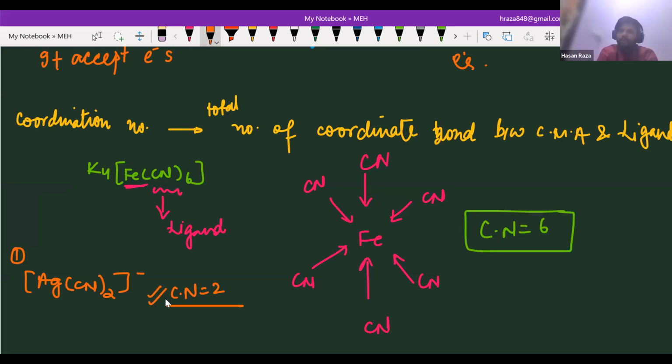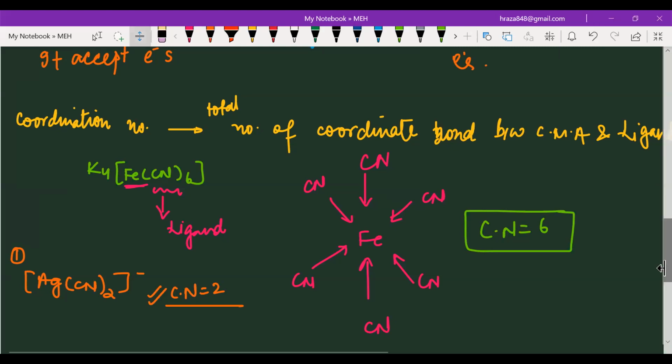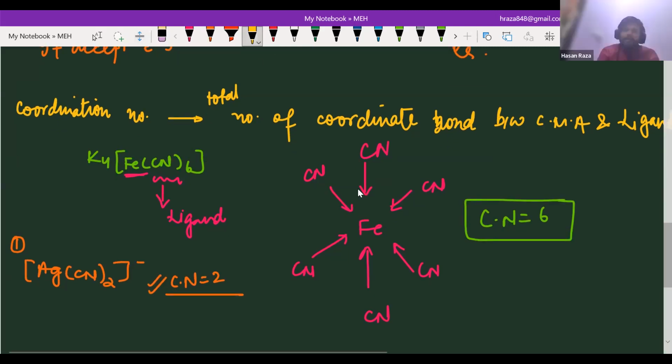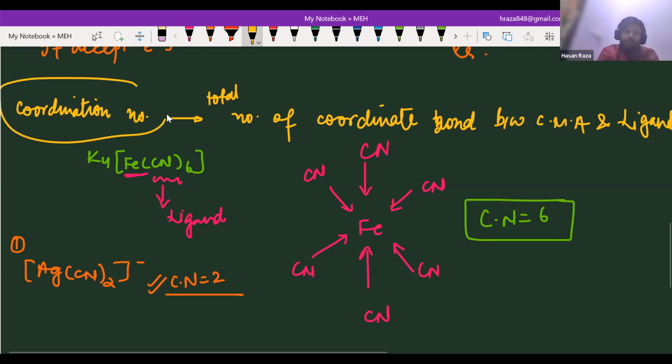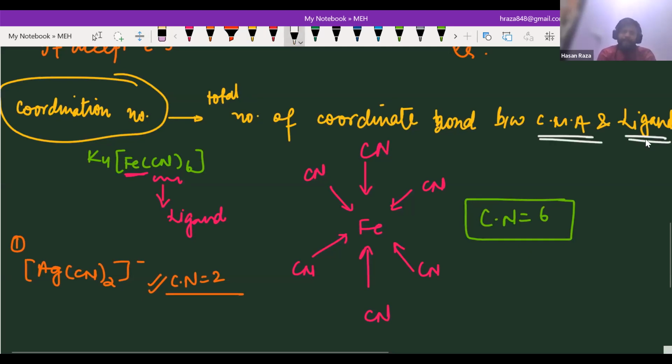Nafisa, have you got it? Sir, can you explain again? See, Nafisa, the coordination number is the number of coordinate bonds between central metal atom and ligand. And one CN can make only one coordinate bond. Are you getting my point?